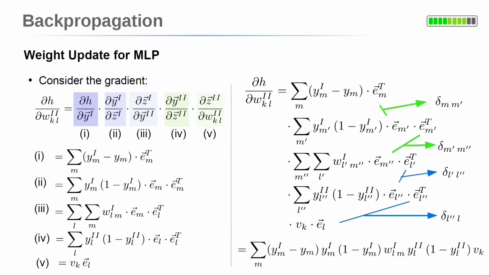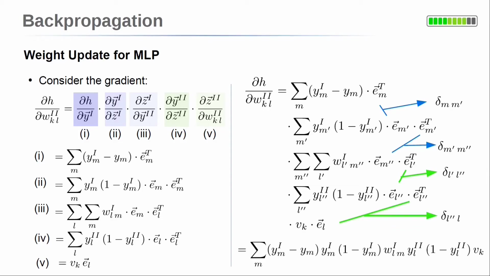As you can see, we can choose pairwise subsequent vectors and obtain several Kronecker deltas. We see that m equals m prime and m prime equals m double prime. So we have m equals m prime equals m double prime.